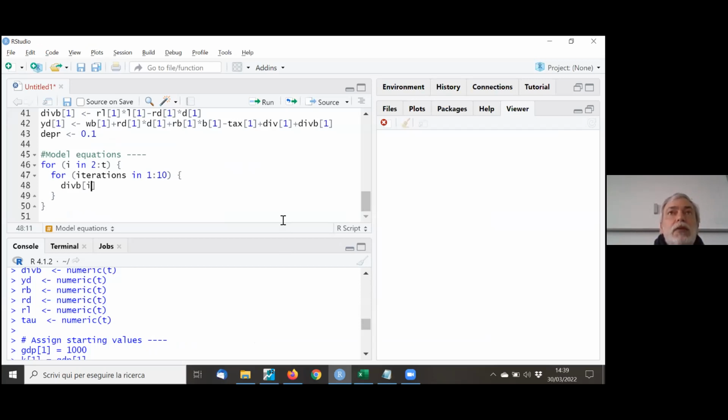But exactly, so these iterations, I think that avoids the triangularization, as I understand. The fact that you iterate allows you to write the equations in whatever order you like, because you are going to repeat them over and over again, so 10 times in this case. So you don't have to write them in order.